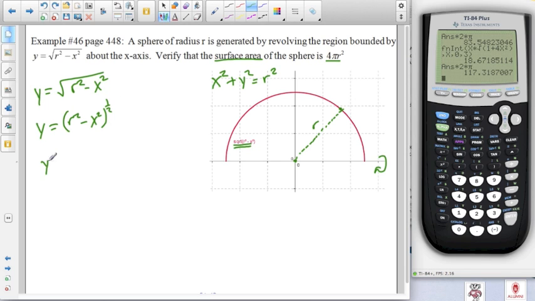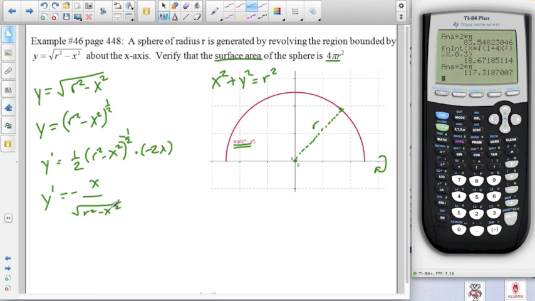And so taking the derivative here, we have 1/2 r squared minus x squared to the minus 1/2 power. And don't forget about the chain rule, times the derivative of the inside. So times minus 2x. And so simplifying that, we have minus x over the square root of r squared minus x squared. So there's the expression of the derivative.